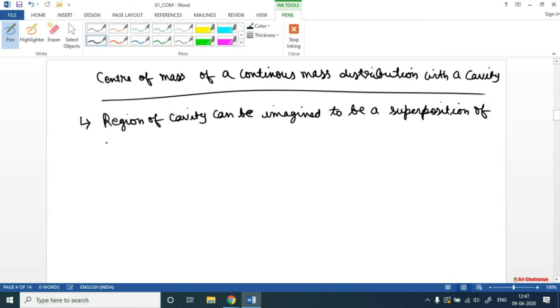of positive and negative mass densities.